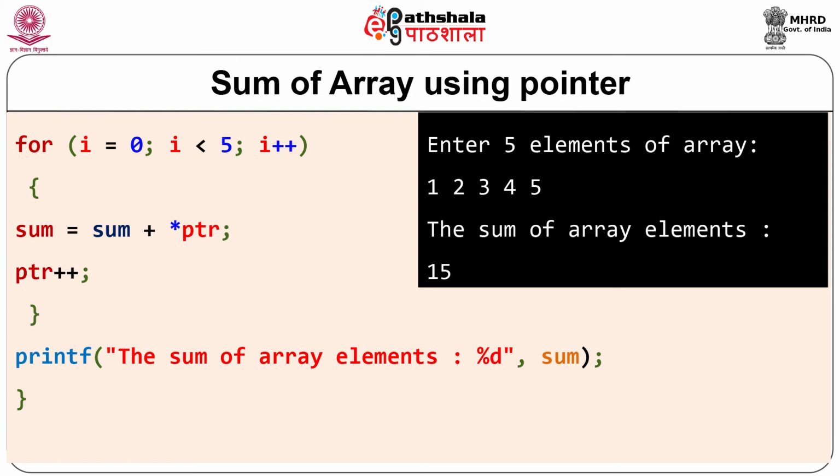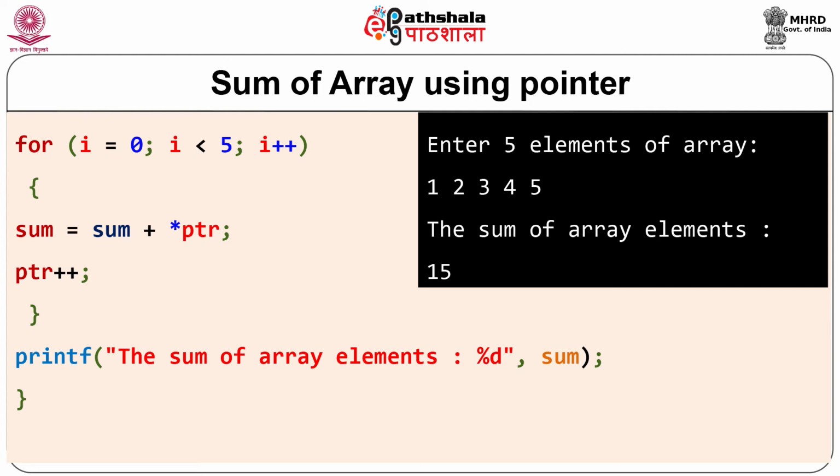After this we would like to print the result like sum of array elements %d, sum and bracket close. If you run this program of sum of array using pointer, then you will get a message on the screen like enter 5 elements of array.